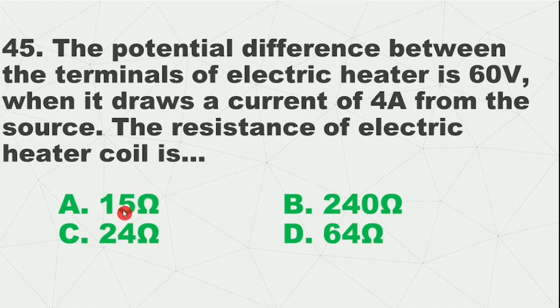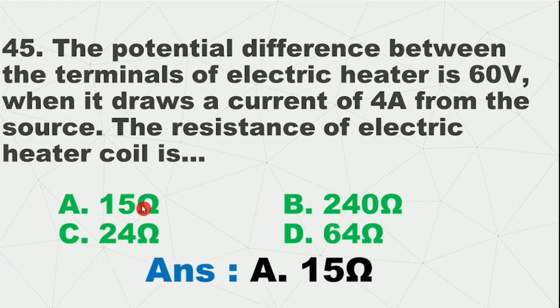The formula for Ohm's law is V equals IR. In the given question, they have given the potential difference, that is 60 volt, and the current flowing, that is 4 amps. By using the formula V equals IR, R equals V by I, so 60 by 4, 4 ones are 4, 4 fifteens are 60. So the answer is 15. So option A, 15 ohm is the correct answer.